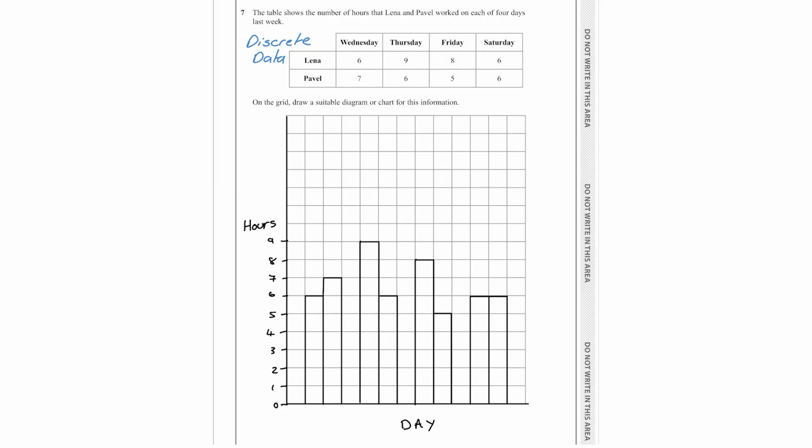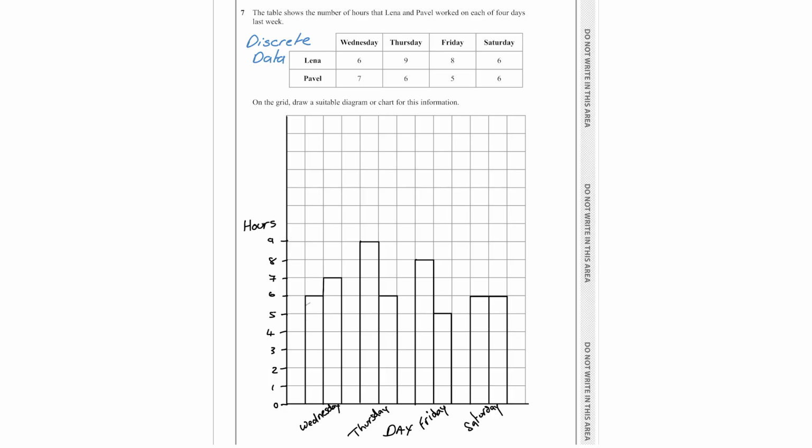Okay, now we'll label the bottom. So this is going to be Wednesday. And we've got Thursday. Let's move that over here. And this one is Friday. And lastly, Saturday. Now you need a key and you need to differentiate. So let's use a pencil. I would shade.